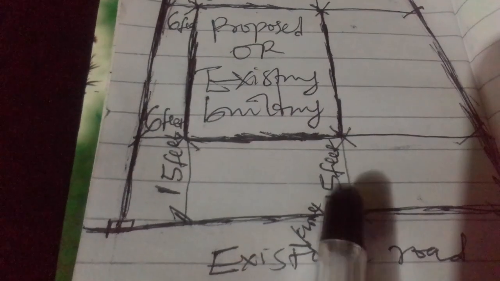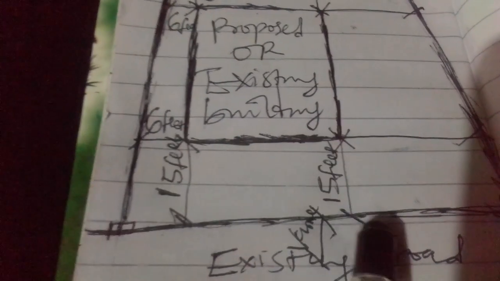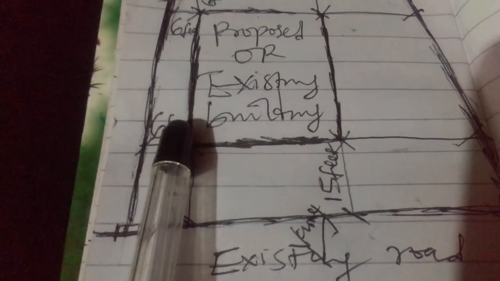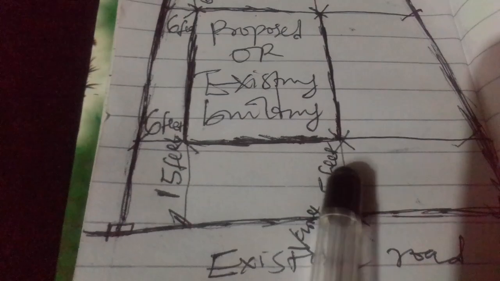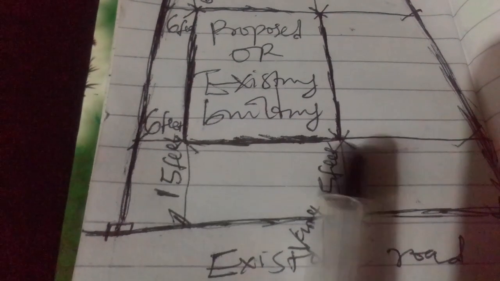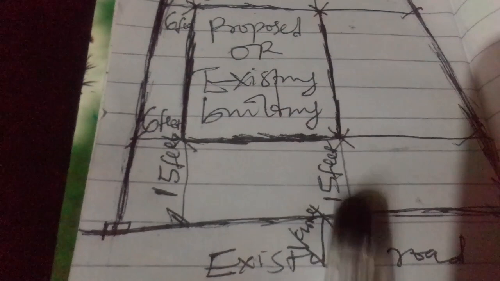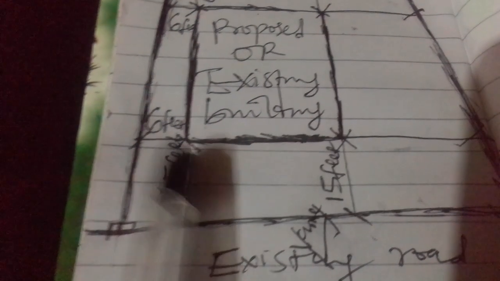The measurement you should get here should not be less than 15 feet. If this place is 15, here can be more than 15. It's not bad. It's not that one is less than 15 and one is 15 or more than 15. This point should not be less than 15 feet. Then this point also should not be less than 15 feet.